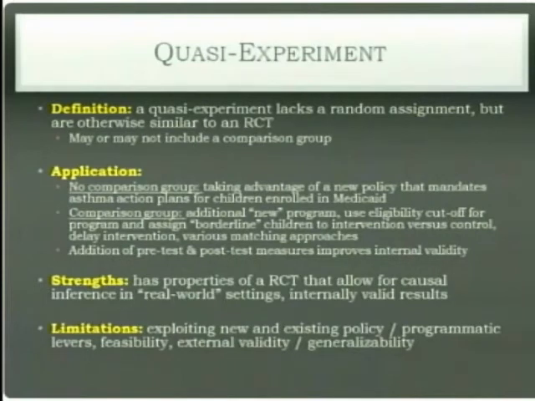A non-policy example might be a new program that was developed where everybody who came to a particular clinic or a particular hospital would get an asthma action plan, and it was outside of your control, and you decided to do some measures pre and post, or post and then go back retrospectively and look at the characteristics of kids who didn't have the asthma action plan.